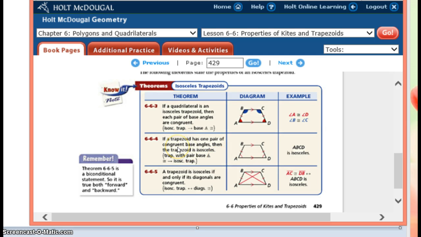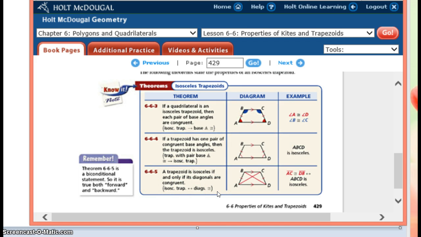Number 2, if a trapezoid has one pair of congruent base angles, like so, at least one identified pair, then it is isosceles, okay? And just my 2 cents, if you know that these base angles are the same, and this is isosceles, then you also know that these are the same because of this theorem. Alright, and the third theorem.